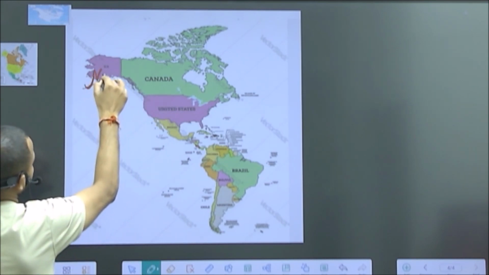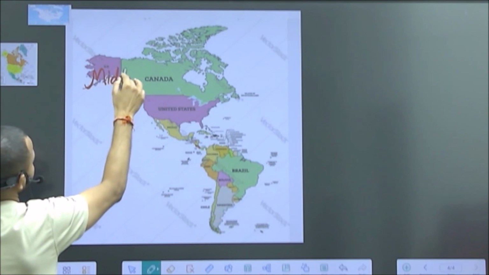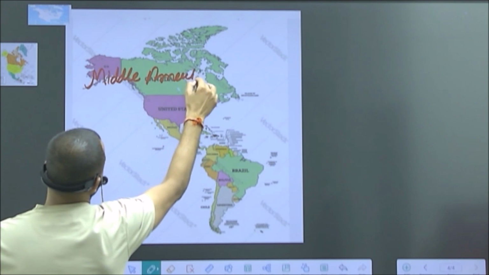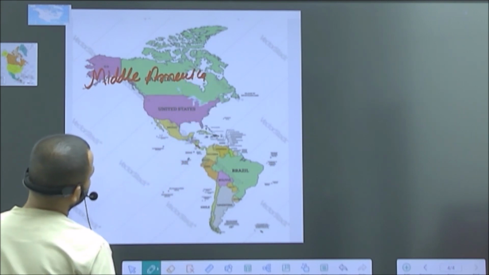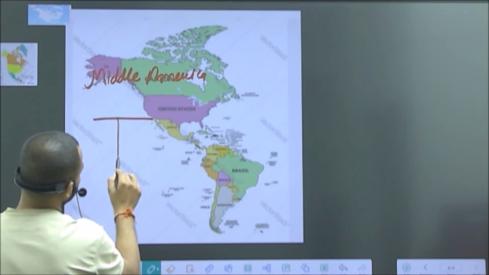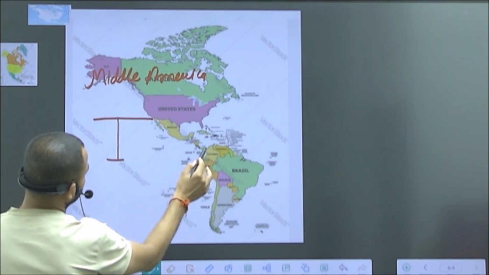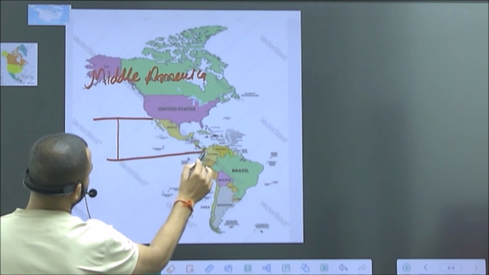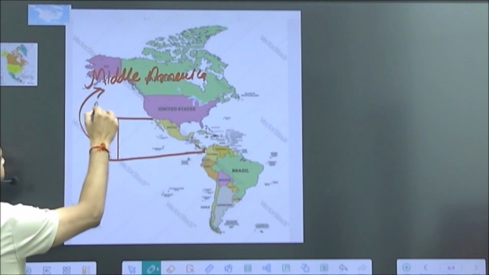Middle America means land from Mexico to Panama. Panama is situated here. This is called Middle America.